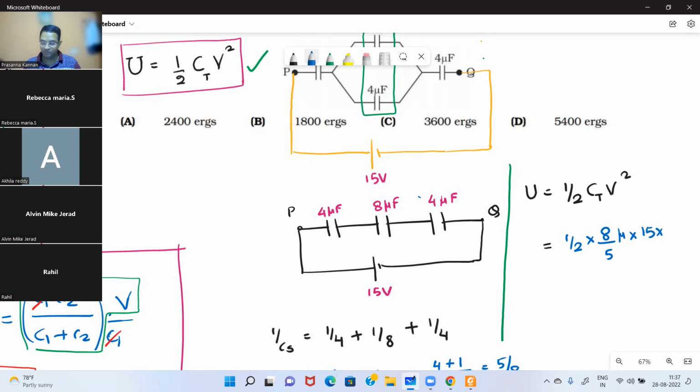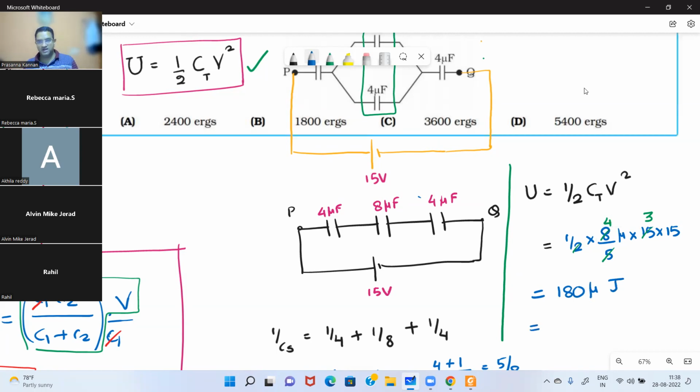So it's 15 into 15. Simplifying this, it is 15 into 4, that's 60, and 60 times 3 will be 180. So it is 180 microjoules, right?